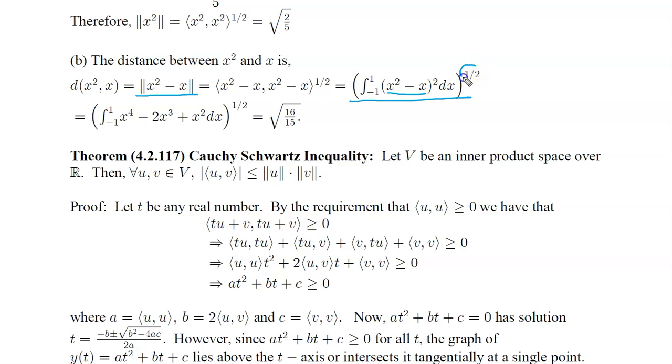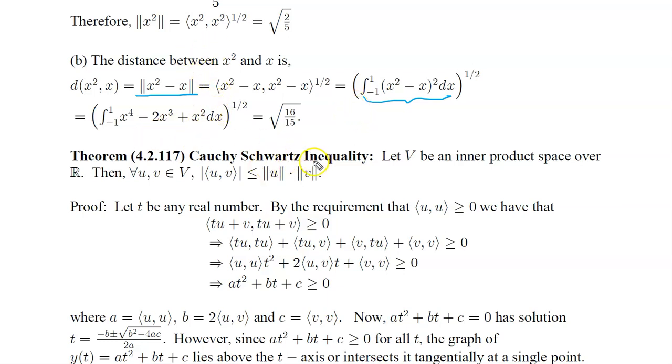And then we raise all that to the 1/2 power. You can evaluate what's in there pretty easily, of course. It's just a polynomial. You'll find that you get 16/5, and then you need to just take the square root of 16/5, and so you'll get 4 over root 15. And that's your answer.